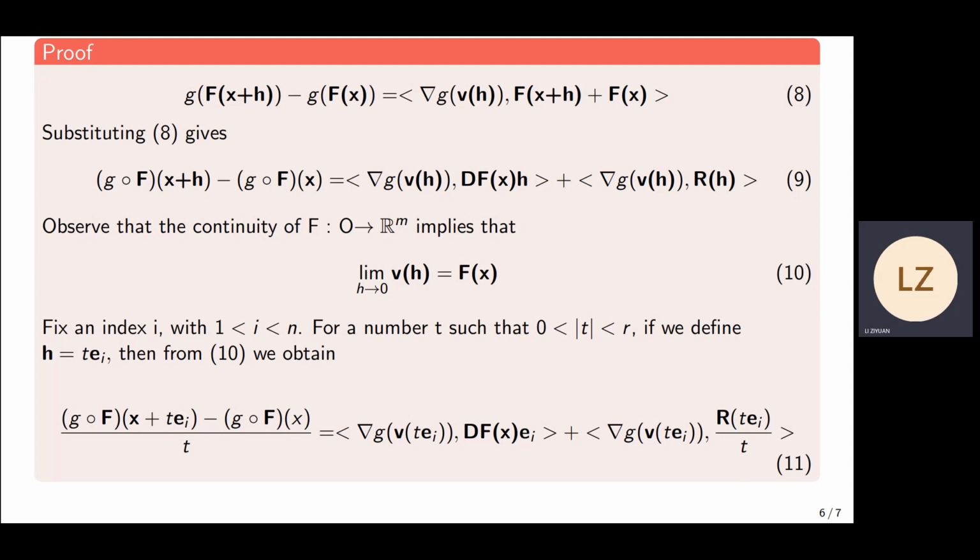By observing the continuity of f from O to Rn, it implies that the limit as h goes to 0 of v(h) is equal to f(x).